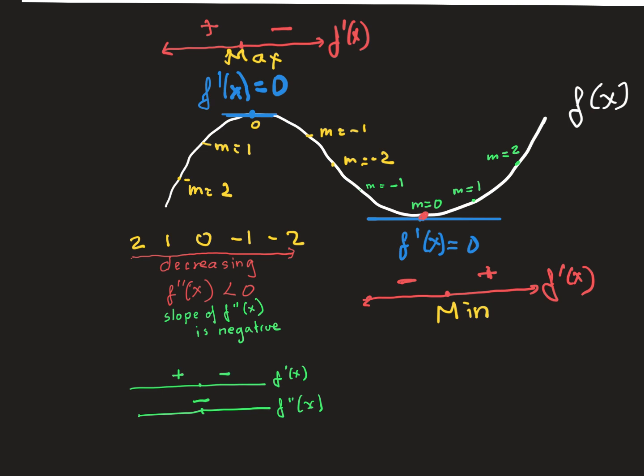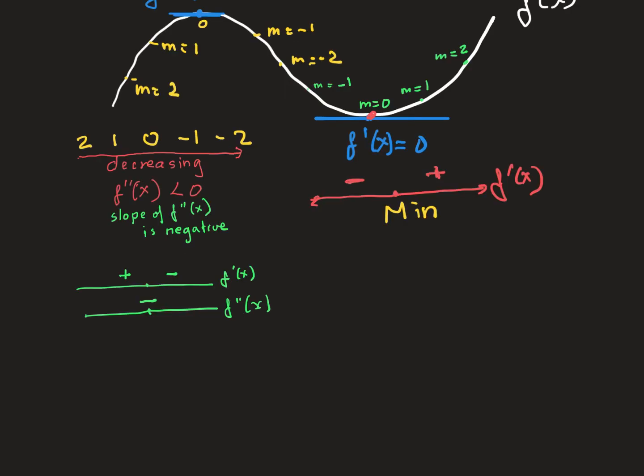If I do the same and show you the slopes next to each other for the minimum turning point, you'll notice that f' will be negative, positive, and the second derivative will be positive, meaning it's actually increasing.